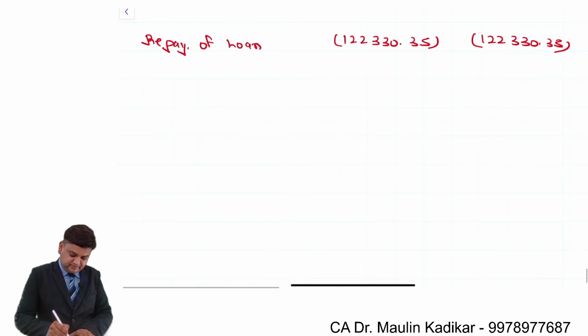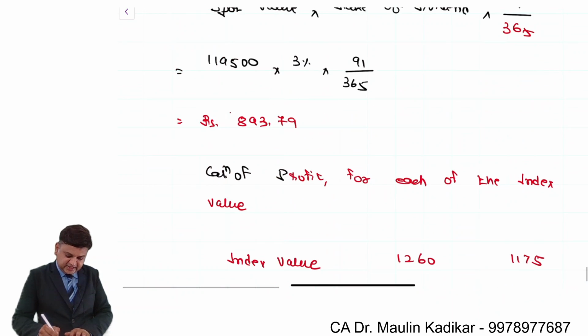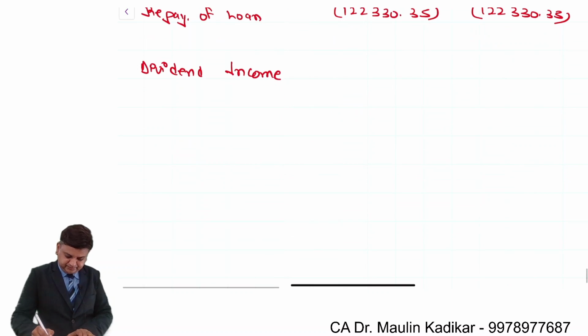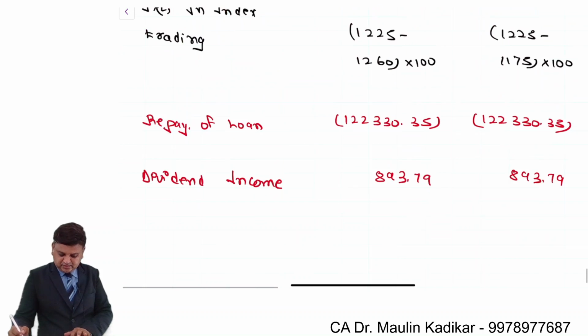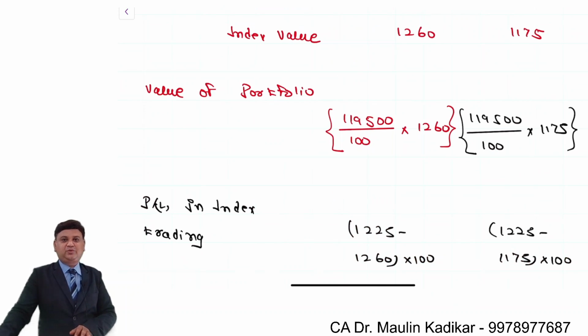Next is dividend income, and it is 893.79. And this is a way we'll make the calculation of the profit in both the cases.